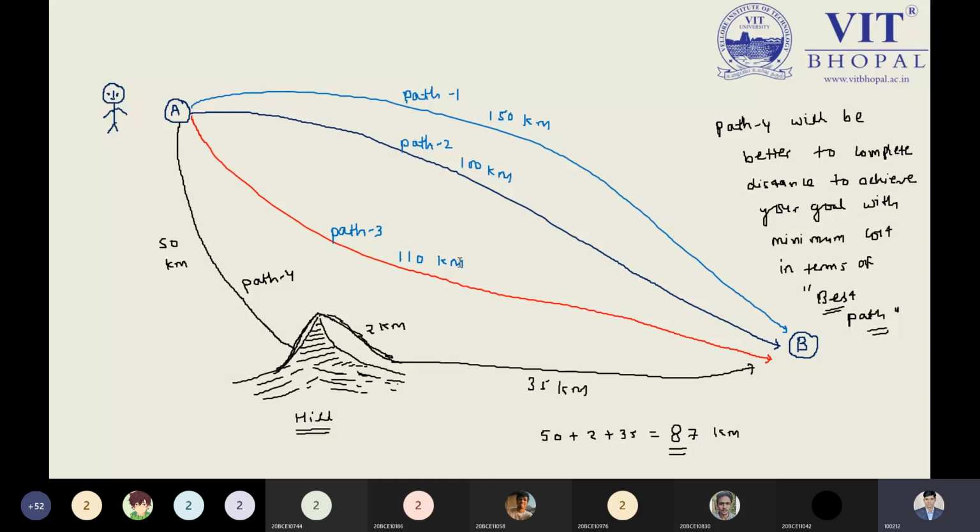Hill climbing is basically a heuristic search algorithm that is used for mathematical optimization problems in the field of artificial intelligence. Given a large set of inputs and a good heuristic function, the algorithm tries to find the best possible solution to the problem in the most reasonable time period.